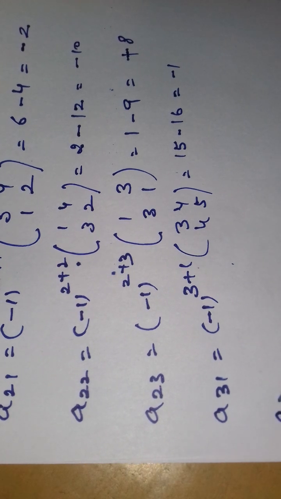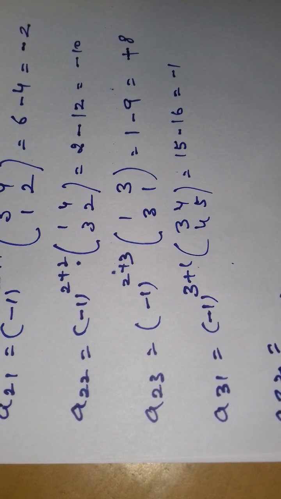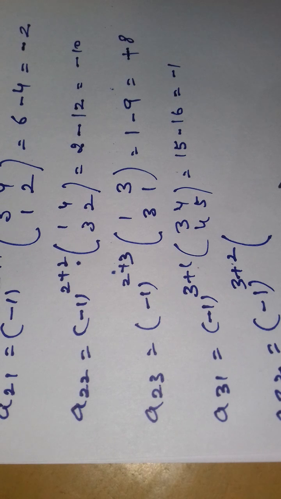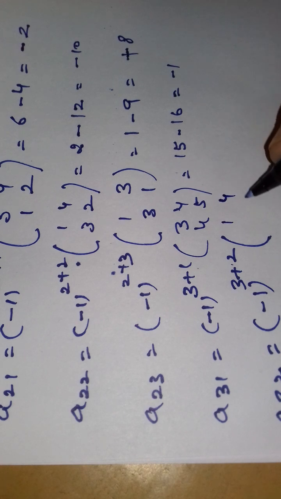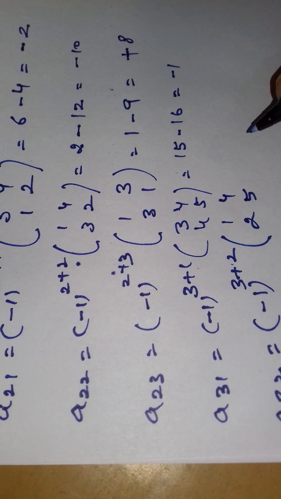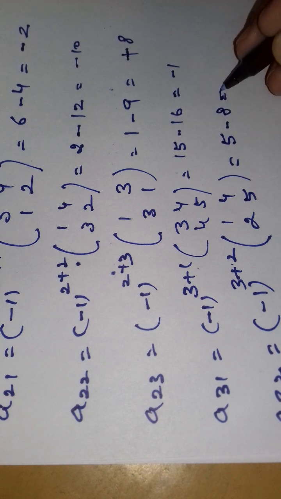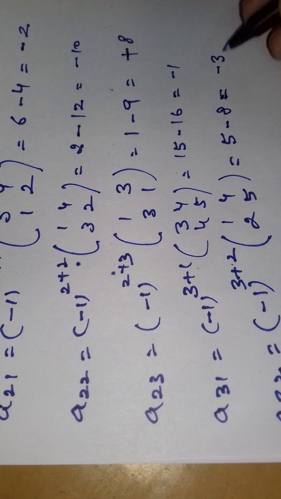Again for A32, third row second column, it will be 3 plus 2. Let's take the submatrix of this, 1 4 2 5, which equals minus 3.